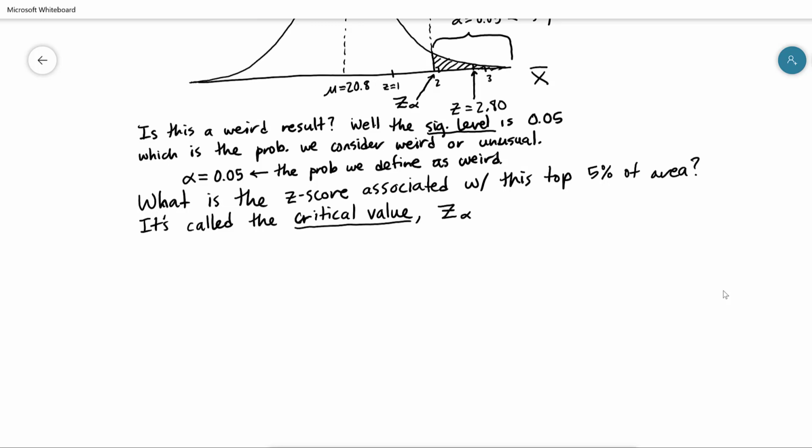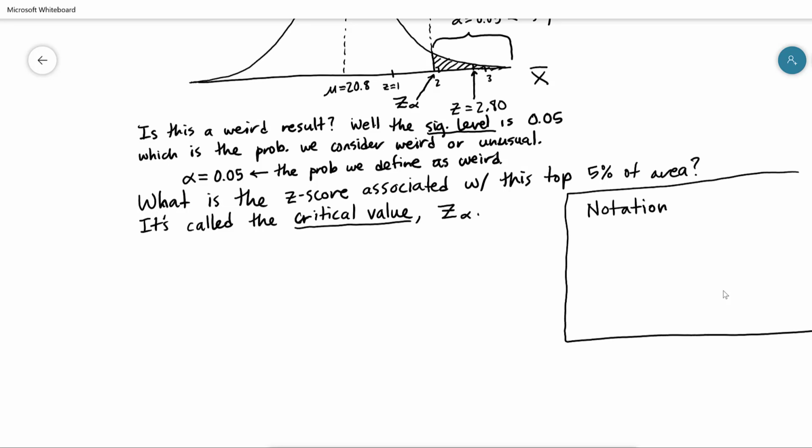So let me do a quick side note. Let's do it on the side. This is sort of a quick aside, and I'm going to box this off from the rest.